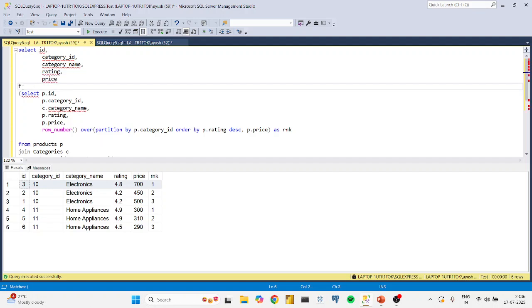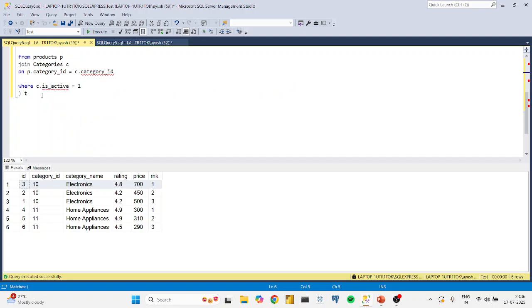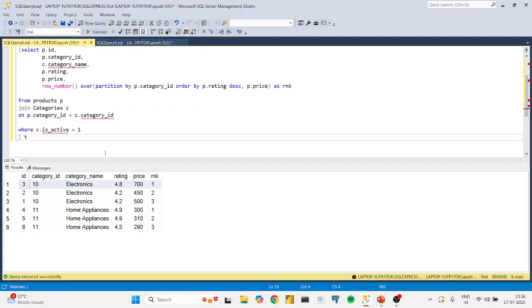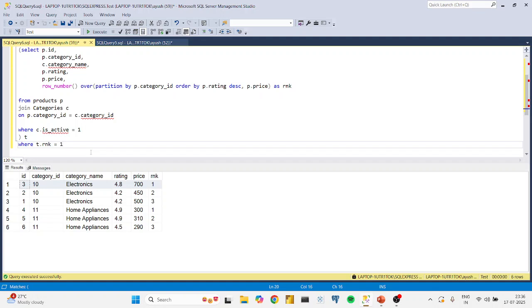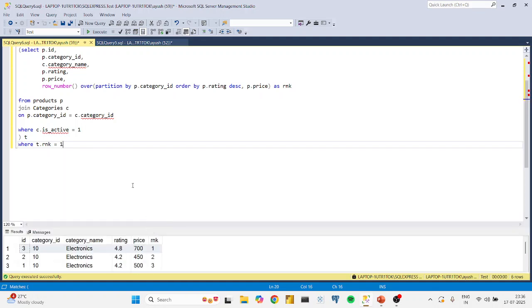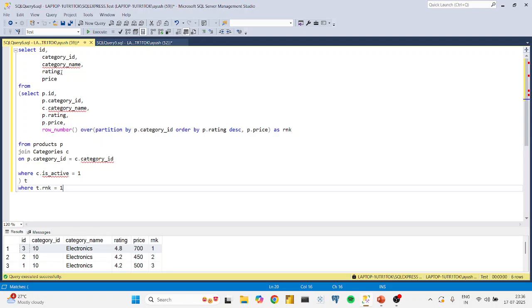So from this table that we have created, we are going to need only this first rank. So where t dot rnk is equal to 1. This is the query where we are leveraging both the subquery and the window function.